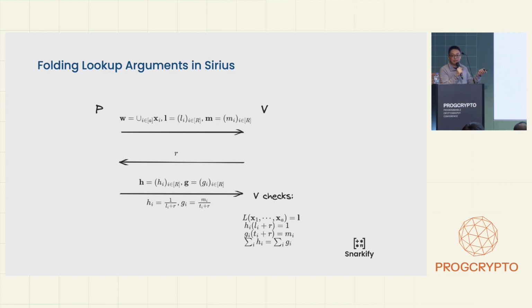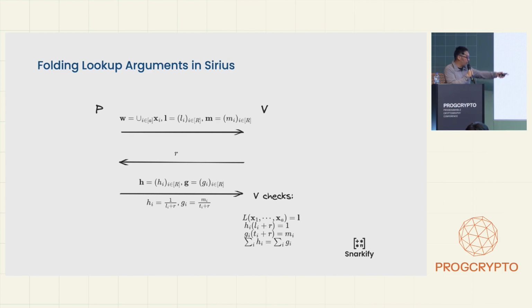M is just a multiplicity vector. The verifier will respond with a random value R. After the prover receives the random value, the prover can calculate the H and G vectors. As you can see, the H and G vectors are just the left-hand side and the right-hand side of the log derivative formula. So the prover will send back the concatenation of the H and G vectors.